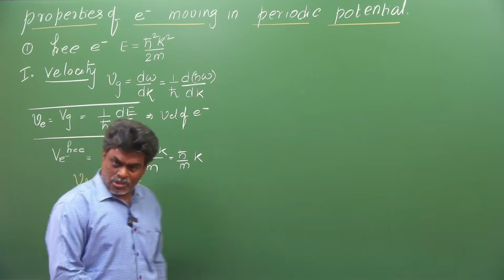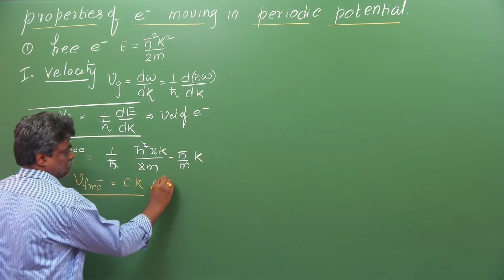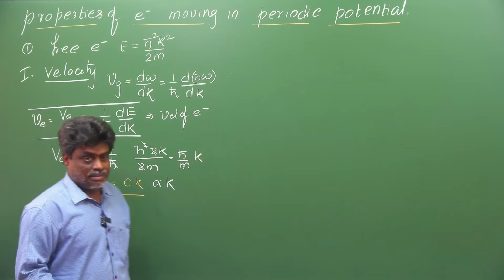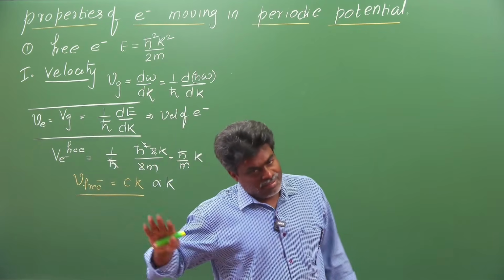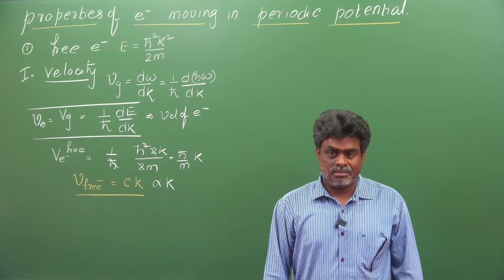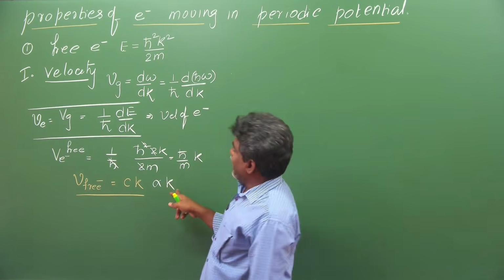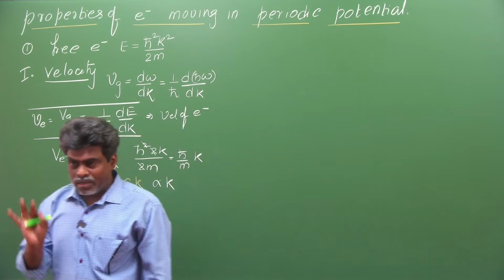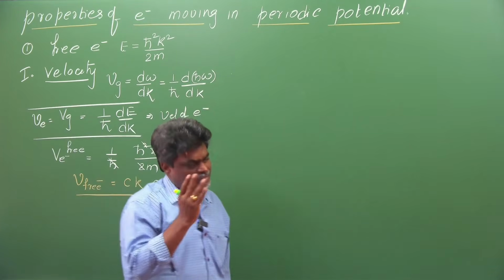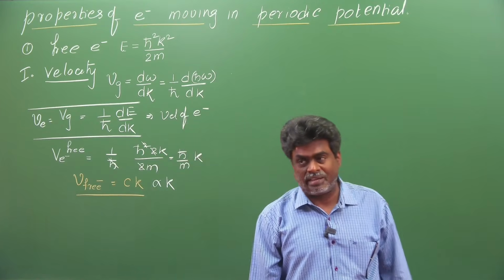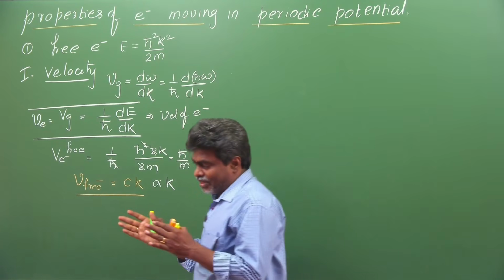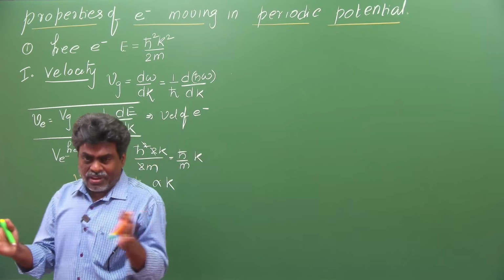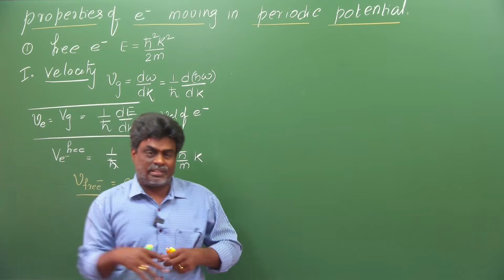Is it proportional to K or not? What is the meaning of that? If K is increasing, what is the behavior of a free electron? In quantum mechanics also we have explained, the range of the energy spectrum of the free electron is 0 to infinity.